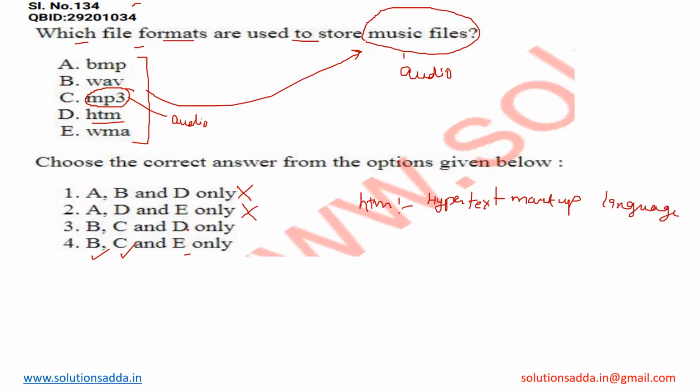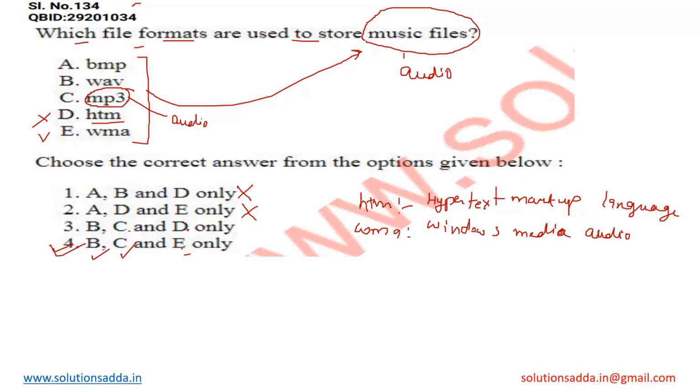Let's understand the other example. WMA stands for Windows Media Audio, and by its name we understand that this file extension is related to audio files. So option E is right, but D is not. The correct option for this question is the one with B, C, and E. So option number 4 is right.